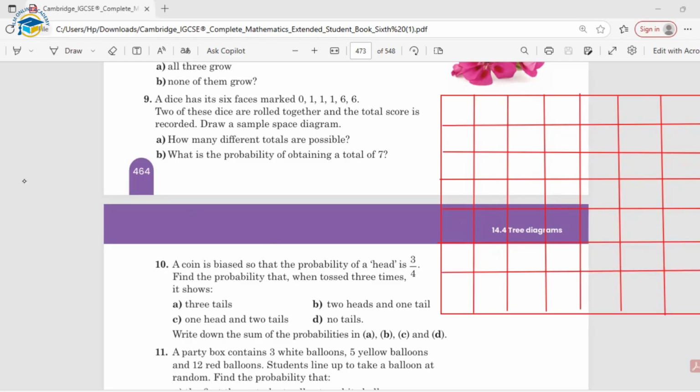So we have different possibilities here, 0, 1, 1, 1, 6, 6, so we'll write it accordingly. We have 0, 1, 1, 1, 6, 6. Similarly, 0, 1, 1, 1, 6, 6.